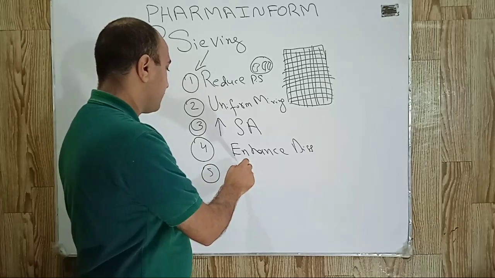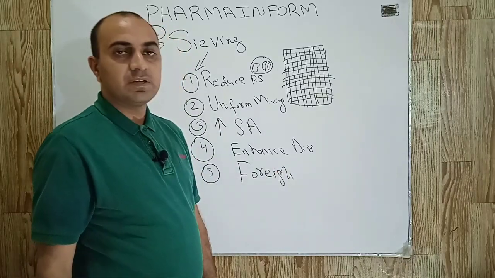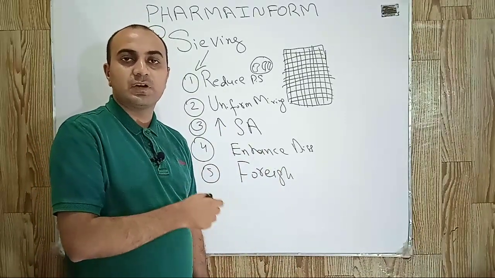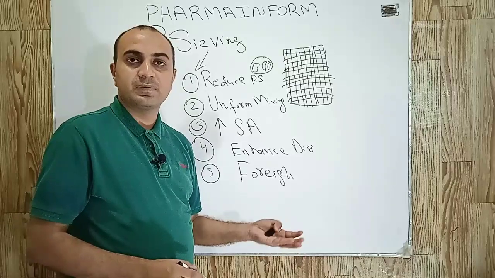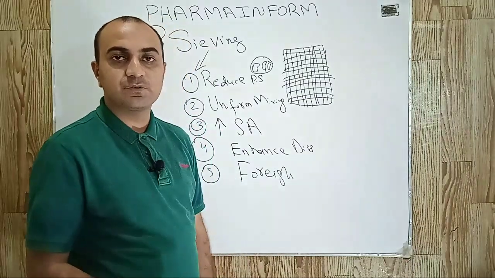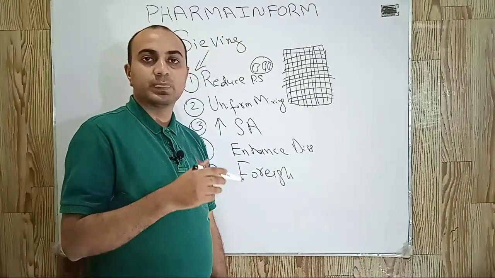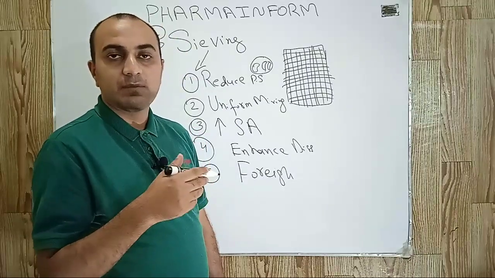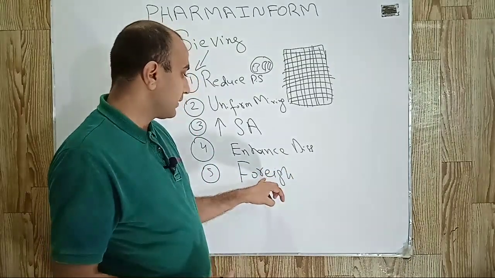The fifth purpose is removing foreign objects. If any excipient or ingredient which we are going to use has any foreign object like a rubber band or tie clip, because during dispensing, when we dispense our materials in loose form in the raw material store, there may be a chance of a rubber band falling into the material, or during its manufacturing process in the API manufacturing plant, maybe there is packaging material or a tie clip packed along with our material.